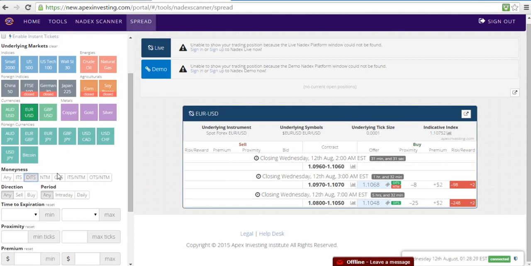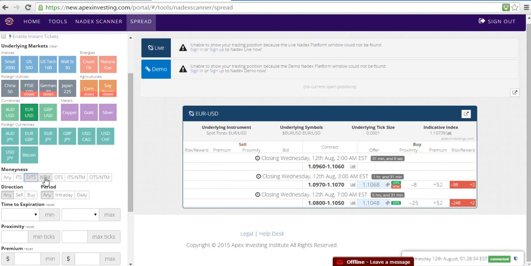Once again, the indicative is 1075, and look here, the ceilings are 1060, 1070, 1050. So deep in the spread means the indicative is above the ceiling on the buy side, or would be below the floor on the sell side. There just doesn't happen to be any right now on the sell side.